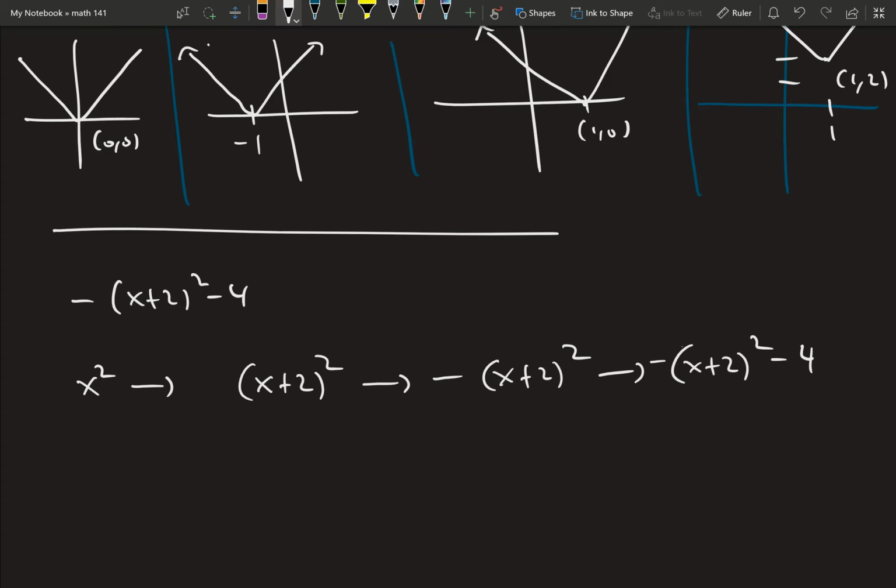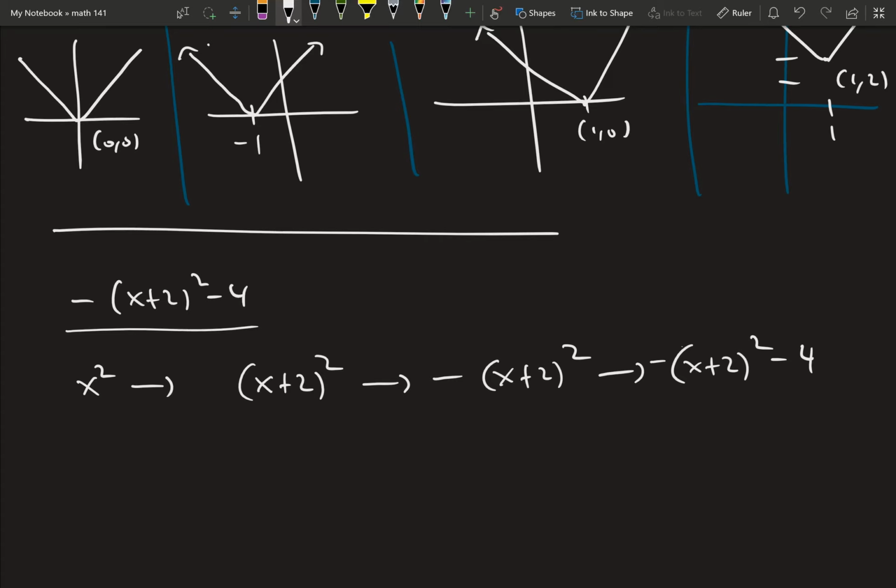And again, you don't have to do this stage by stage. In fact, if you're familiar with parabolas in this particular case, you can do it just directly using where the vertex is. But the procedure is generally useful, especially if you're dealing with functions that are not so standard.